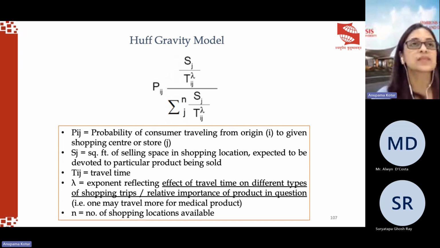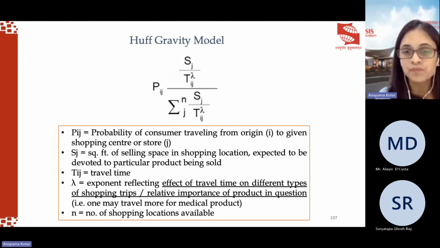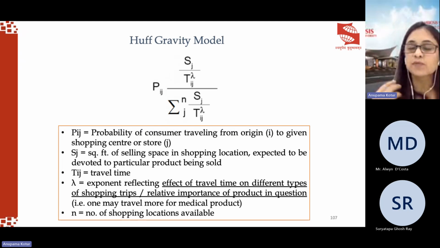If you know that, say, 70% of the people within that trading area are likely to travel to your store, then that location has to be excellent for you. But if you are calculating, say, 20% in your primary trading area, then obviously the footfalls are going to be only to the extent of 20% of the larger population that you're catering to.